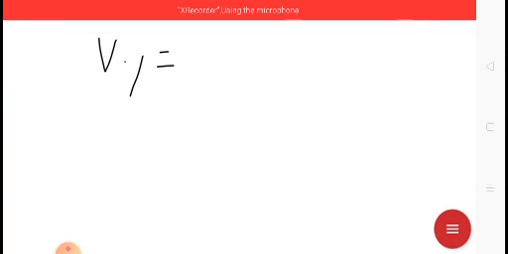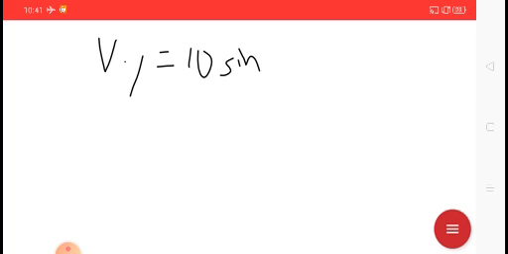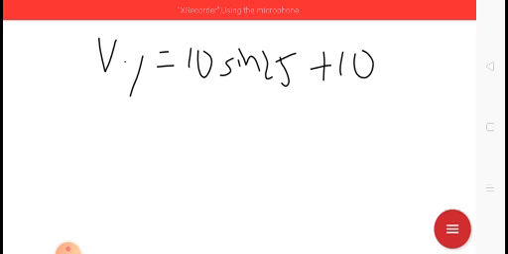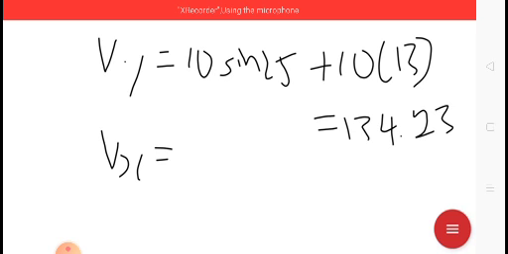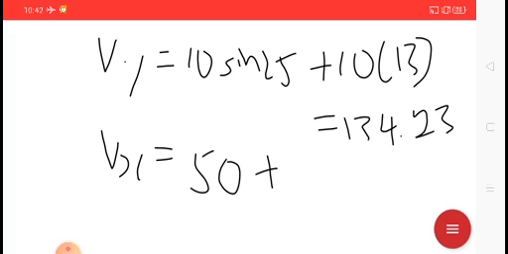Vy is equal to 10 sine 25, don't forget this one, plus at. You can put in the exact value before you calculate. And Vx will be equal to the aircraft flying with 50 horizontally, and the projectile with the additional velocity 10 cos 25.